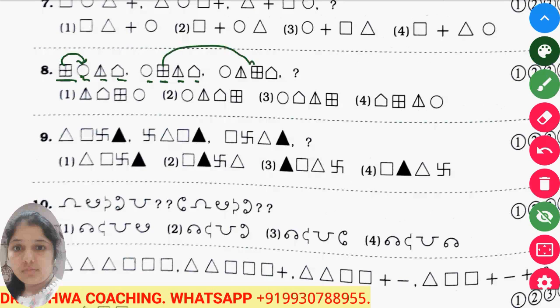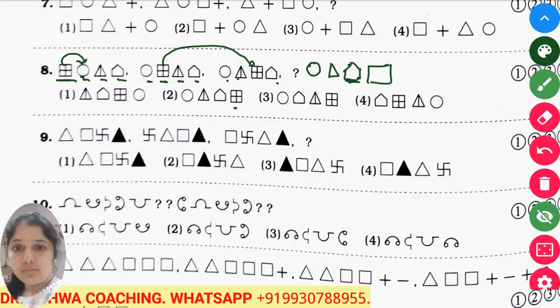Now here square is brought to third position, and this triangle comes near the circle, and the pentagon is at the right side of the square. Now in the next figure, what will be the next pattern? Circle will be there, triangle will be there, pentagon will move to the circle, and square should be after pentagon.